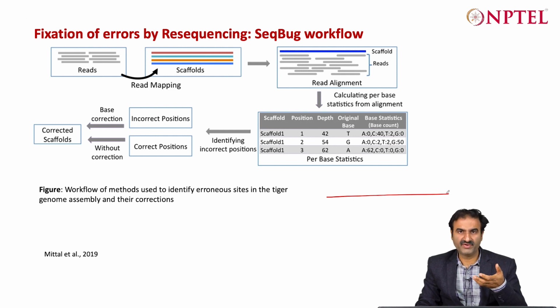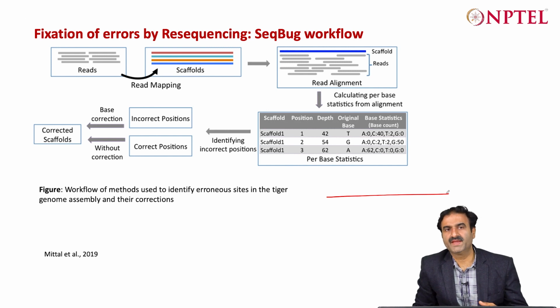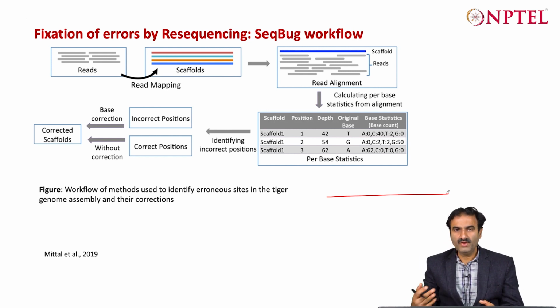Some of these stop codons may be acceptable because they could be a result of evolution, but if you are finding too many, there could be reasons to believe there are errors in the initial assembly. Looking at closely related species, you can see that if they did not have this error, why is this species having it, and you may go for one round of correction using resequencing.